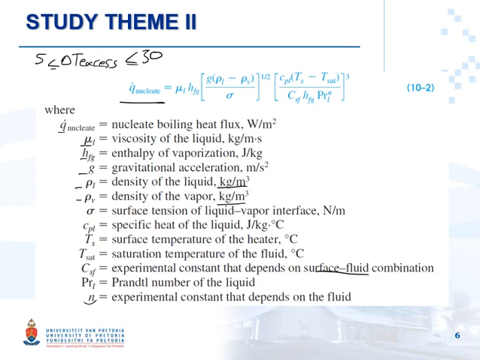So you see, again, this correlation is based on experimental results, so there is not very accurate physics behind it. It's normally semi-empirical: a little bit of experimental data, a little bit of physics of what's happening in nucleate boiling, and they came up with this correlation.